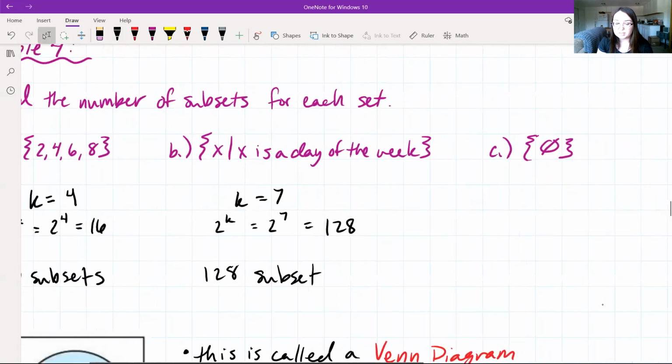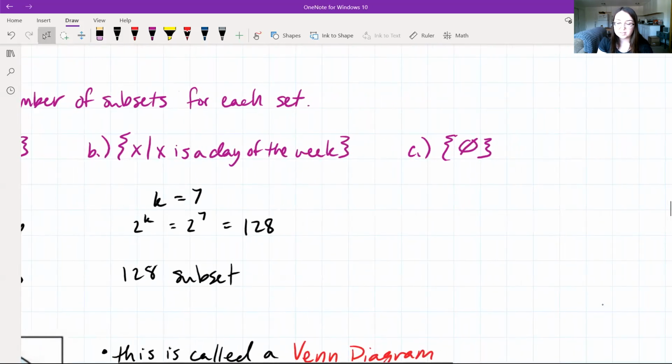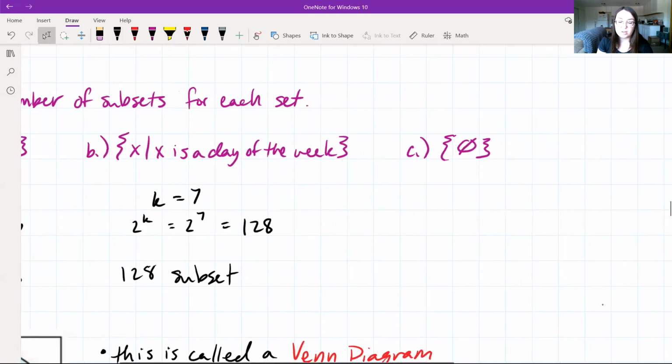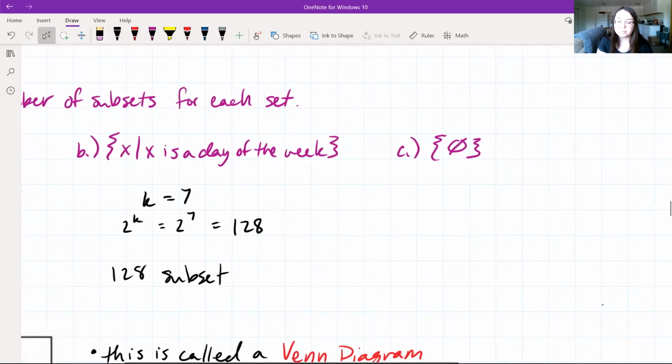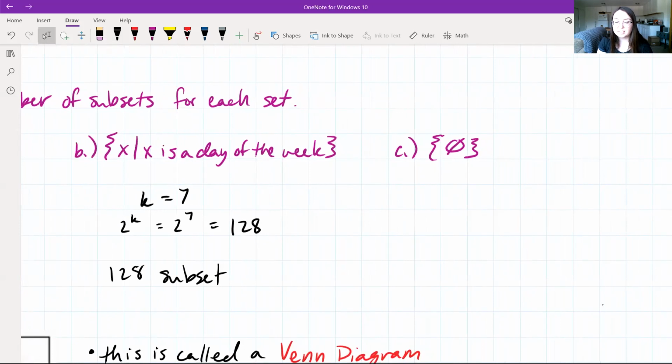Then, part C, find the number of subsets for the empty set. Now we can remember our property where a set is a subset of itself. Also, we want to think about how many unique elements there are. Well, an empty set has no elements.